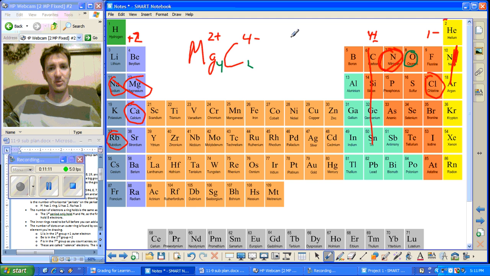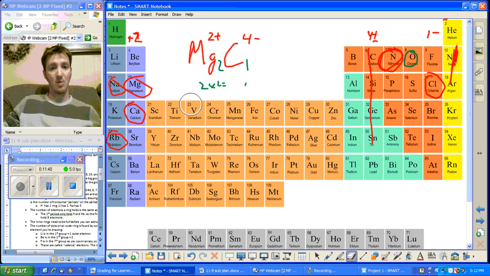So if you had the fraction of 2/4, you would reduce that down to a half. So if things go into each other like that, you should realize I need 2 magnesium and 1 carbon. So that would be 2 times 2 equals 4 positive, 1 times 4 equals 4 negative in order to balance out. So those are the exceptions.